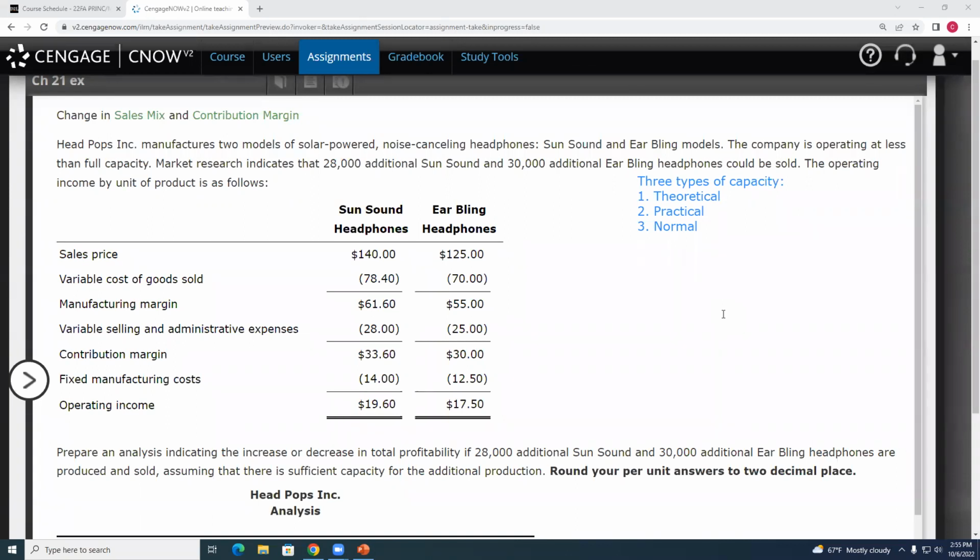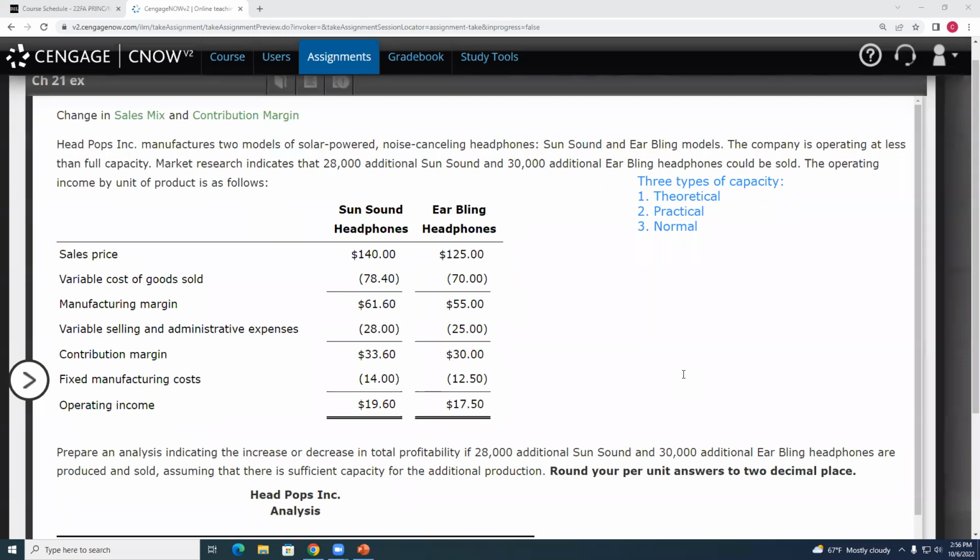And so if we had a full complement of staff, we could produce more. Maybe we're just producing less than our practical capacity because, as we've already pointed out, we don't have demand for it. So we shouldn't be producing if we don't think we can sell it. But in this exercise, they've told us we can produce more. And we now know that there might be a reason to produce more because we could sell them.